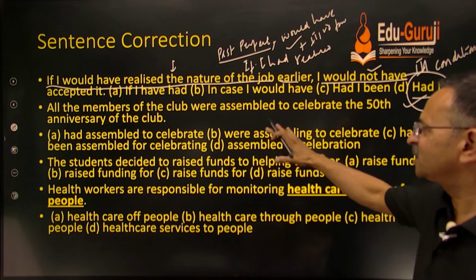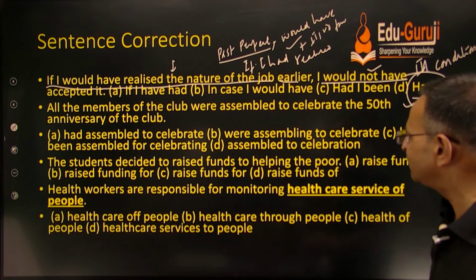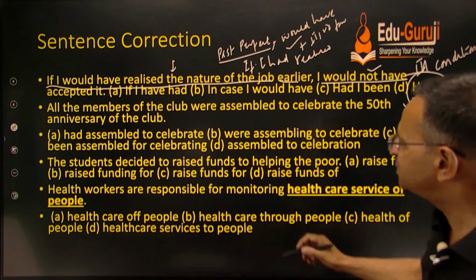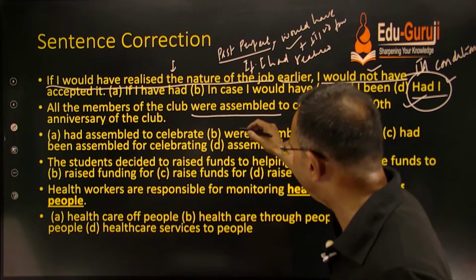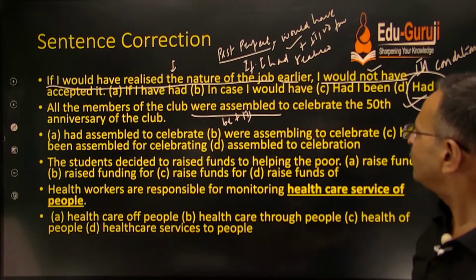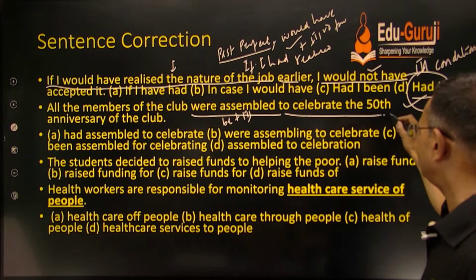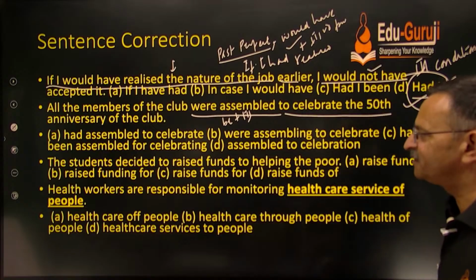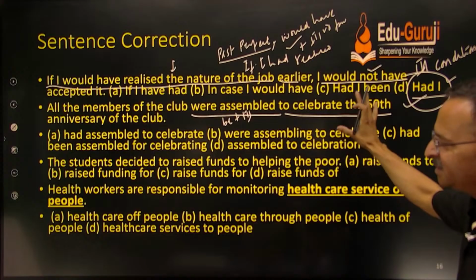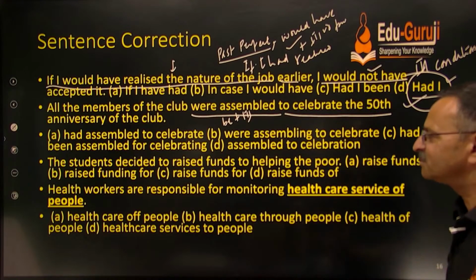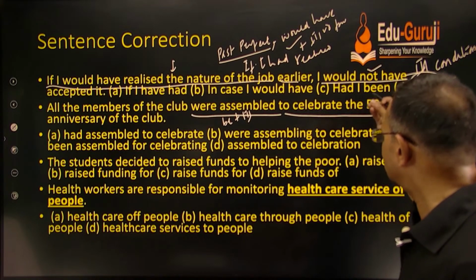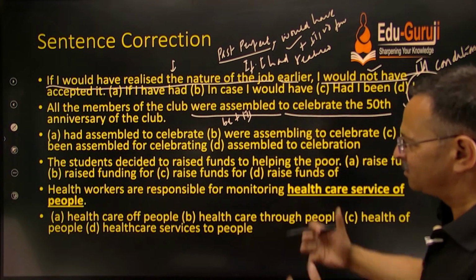"All members of the club were assembled to celebrate the 50th anniversary of the club." Now you see, this is a passive, "were assembled". So this is the construction of passive. Now they have assembled to celebrate the 50th anniversary of the club. So obviously there is a past tense, as they have celebrated the anniversary before that.